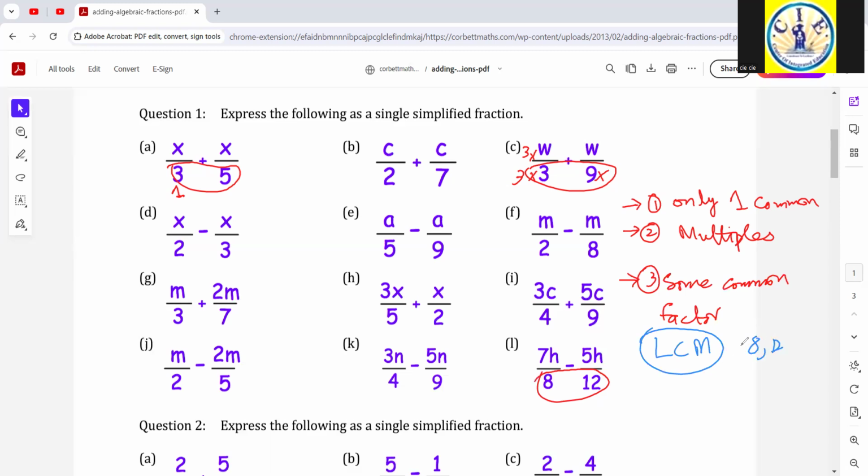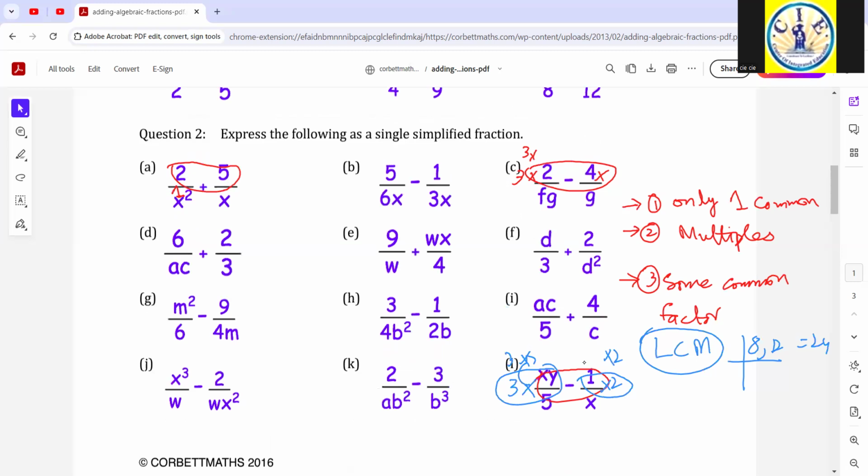The LCM of 8 and 12 was 24, and we made each denominator 24, multiplying 8 by 3 and the other fraction by 2. That made their denominators the same. 8 3s are 24 and 12 2s are 24. So this is to be applied on this next question as well.